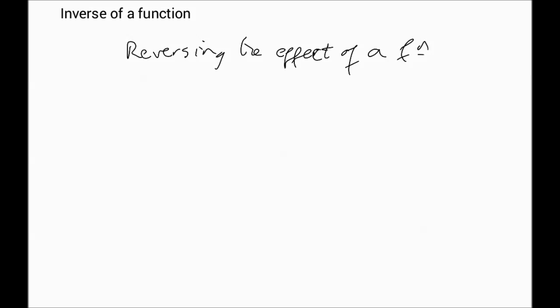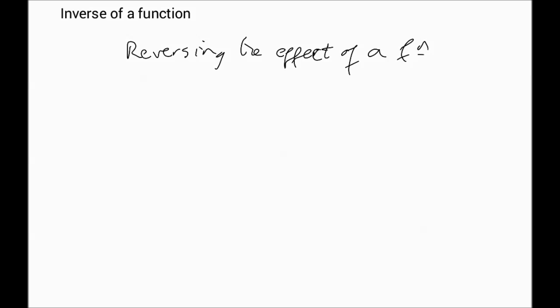The final concept we want to quickly look at in the preliminaries on functions is the inverse of a function. An inverse of a function is basically reversing the effect of a function.